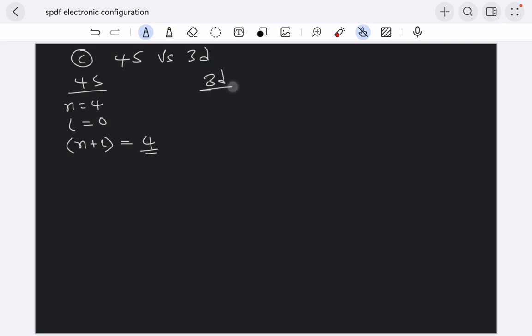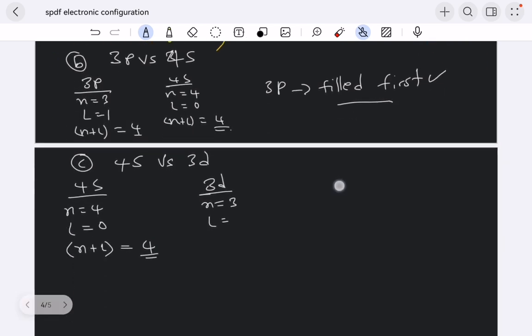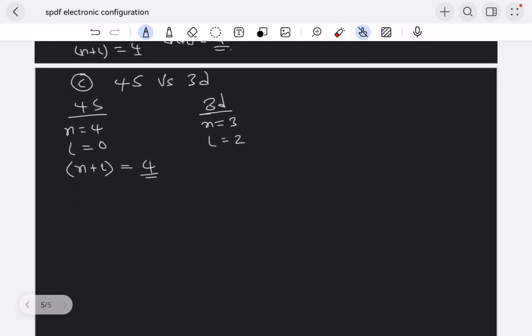Then for 3d, our n is equal to 3, then our l, when we go back to the key here, our l is 2 because it's d. Therefore, n plus l will give us a 5. So in this case, 4s is filled first. So that is how we choose which particular orbital is filled first.